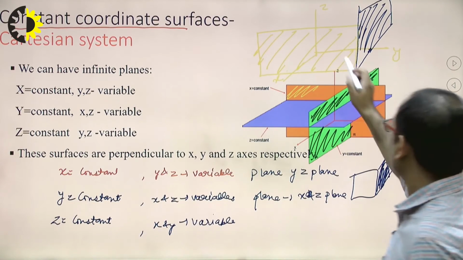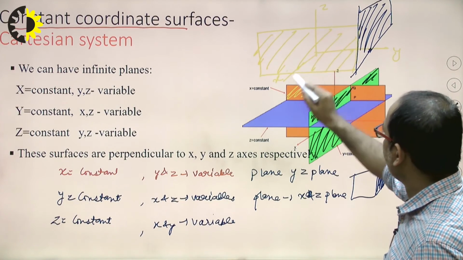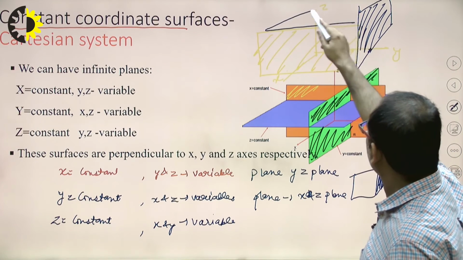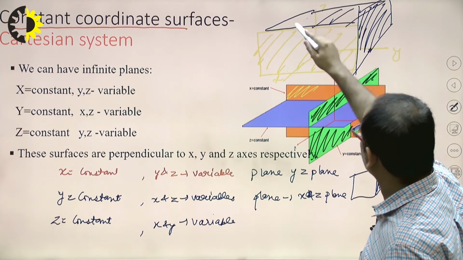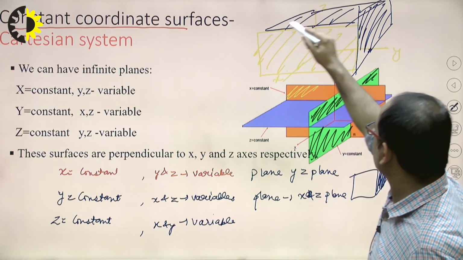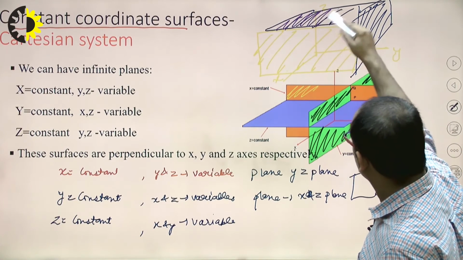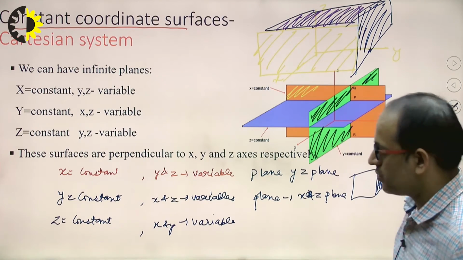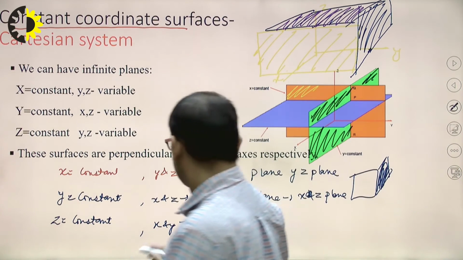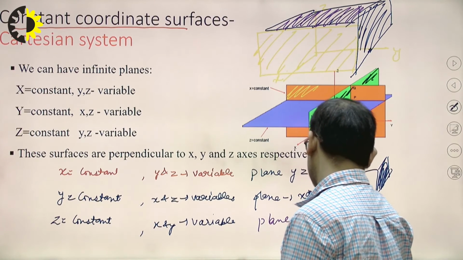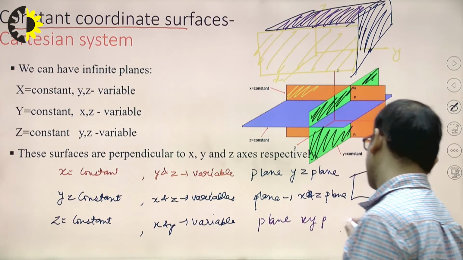When Z is constant and X and Y are the variables, then which plane will be formed? This one. This plane will be formed. Means the top view or ground, the plane will be XY plane.